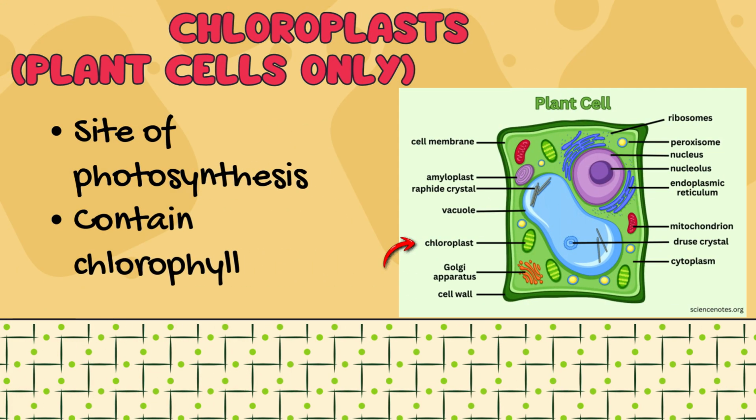And then we have chloroplast. The chloroplast is only in plant cells, and it's the site of photosynthesis, and it contains chlorophyll. So basically for plant cells, the chloroplast will be like solar panels. If you know what solar panels are, you put them on your roofs.